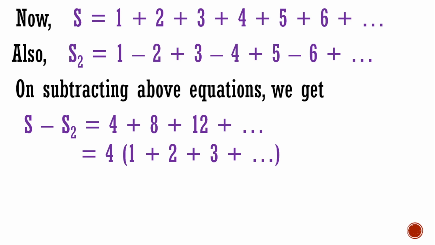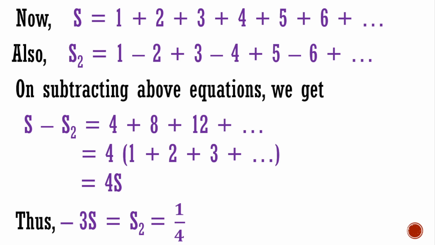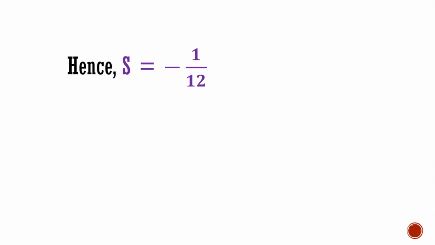Taking 4 common, we get 4 into 1 plus 2 plus 3, and the infinite series within the brackets is nothing but S. So it is 4S. This implies minus 3S is equal to S2, and S2 we already know as 1 by 4. Hence, S is equal to minus 1 by 12.